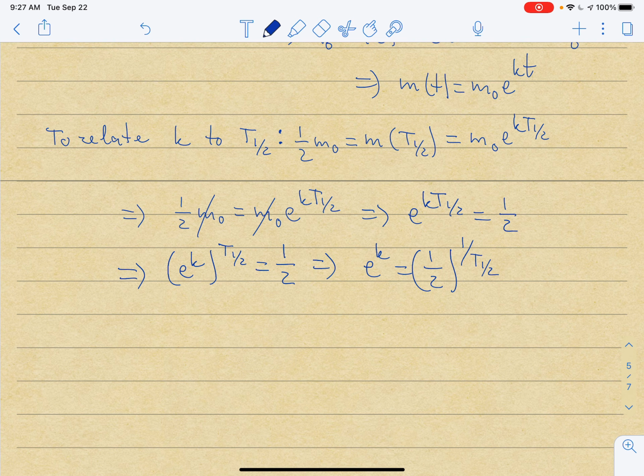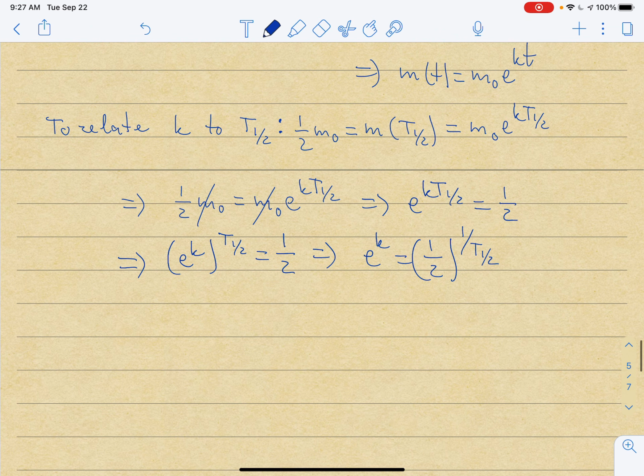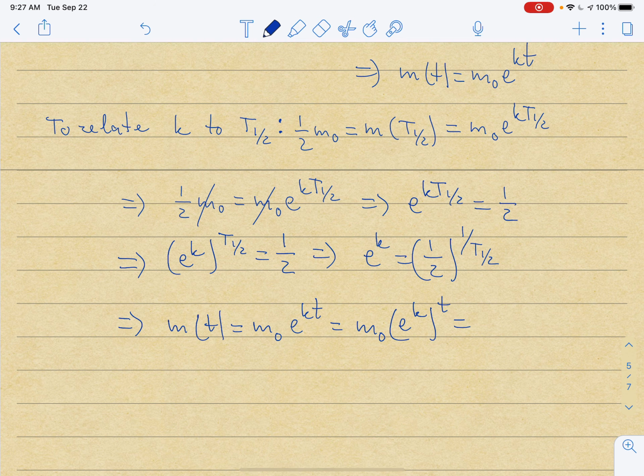All right, so then I know e to the k, and now I can use it in my expression for m. So m of t was m naught e to the k t. I can rewrite that as m naught e to the k raised to the power t. And then e to the k is 1/2 to the power 1 over capital T 1/2, right?